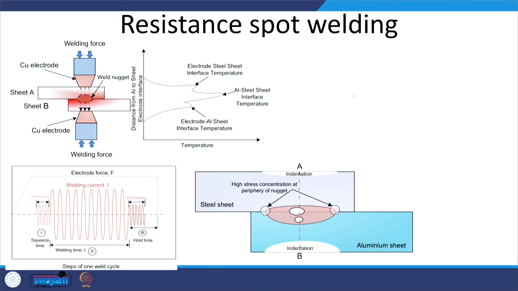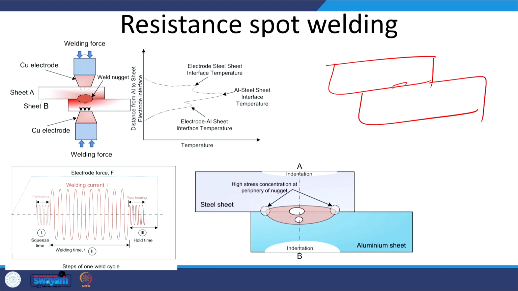As far as the joint strength of the resistance spot weld joint is concerned, the weld nugget diameter matters. Say these are the sheets, and if the nugget diameter is small, this is the zone where we have metallic continuity. So this area will determine the joint strength: if the shear strength is Fs and this area is A1, then our joint strength will be F1.